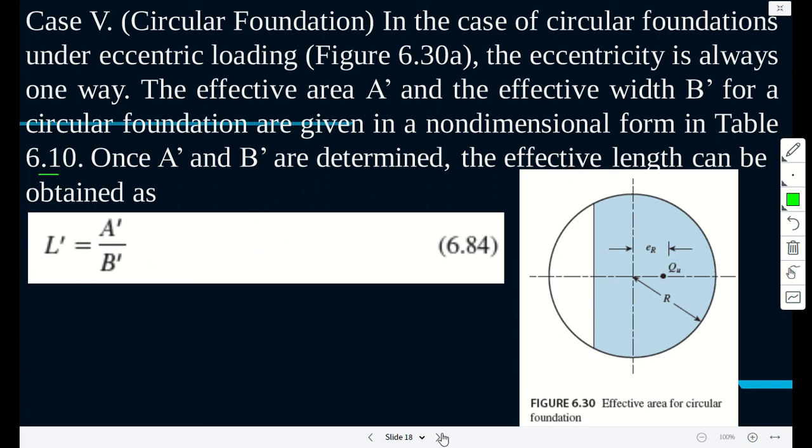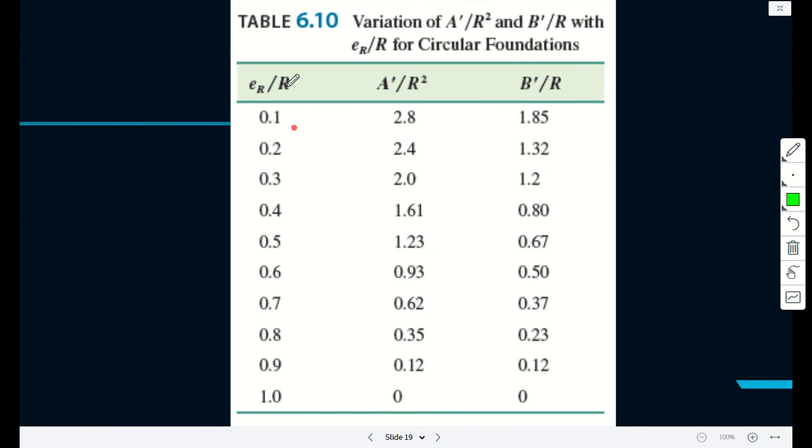So this is the table. This is the eccentricity over the radius, and then A prime over R squared and B over R. So these tables can be used because again you will have known the R and then you decide based on the R. Of course you will know E and R, right?